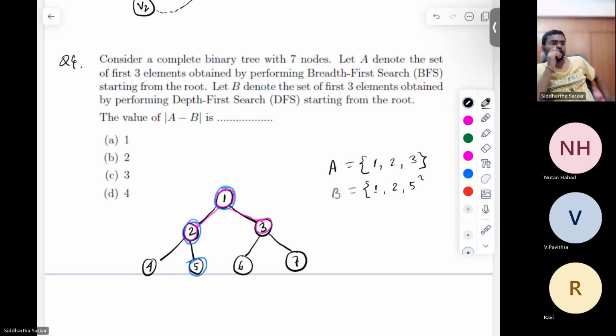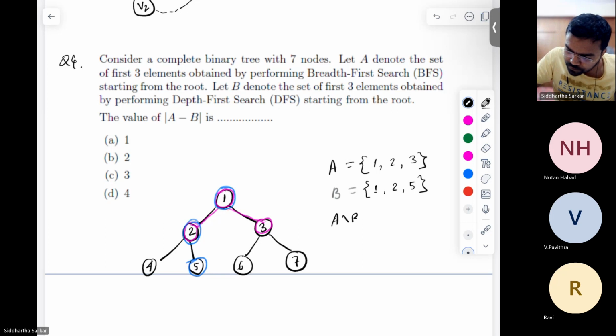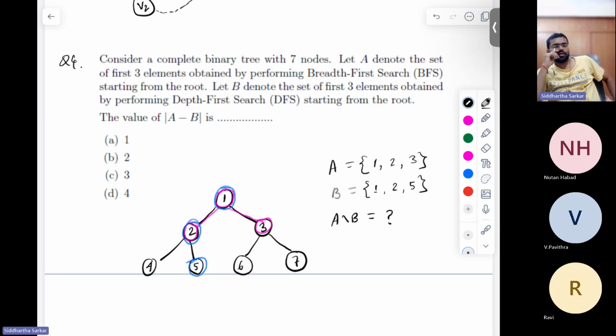So what is A minus B? Which element is in A minus B? So A has 1, 2, and 3, and B has 1, 2, and 5.